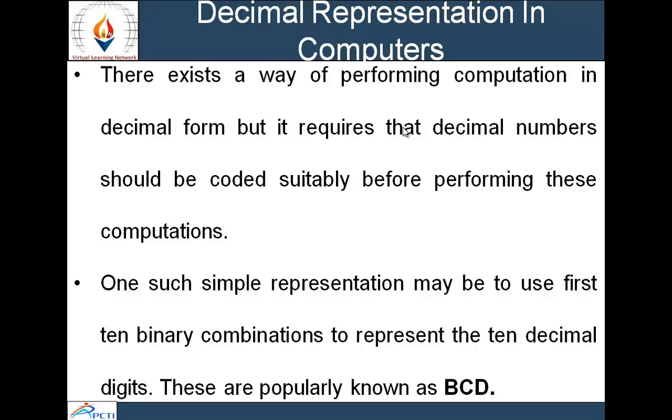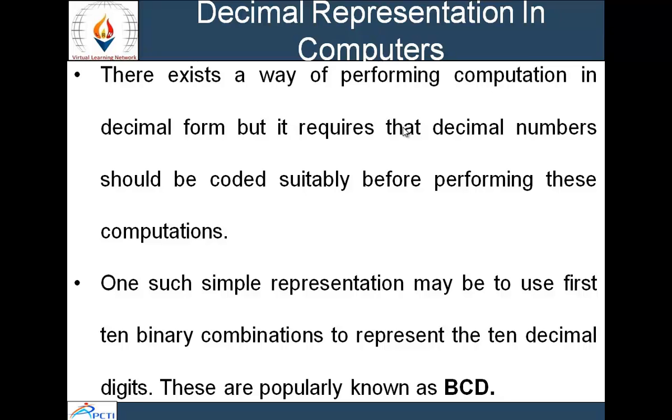As we all know, 2 binary bits can represent 2 raised to power 2, that is 4 different combinations. Similarly, 3 bits can represent 8 combinations, that is 2 raised to power 3, and 4 bits can represent 16 combinations, that is 2 raised to power 4. To represent decimal digits in binary form, we require 10 combinations, but we need to have a 4-digit code.